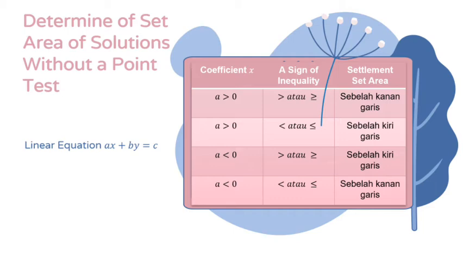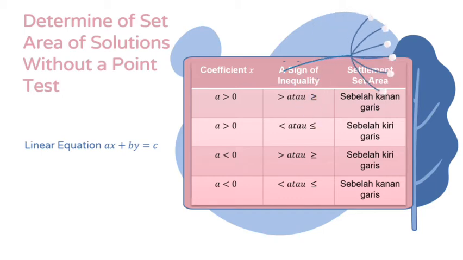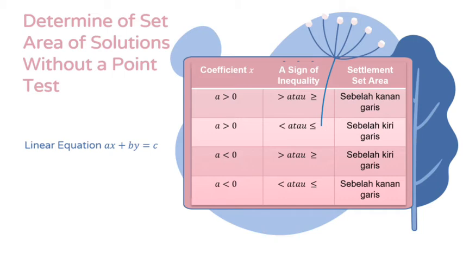Next, if a is positive and the sign is less than or less than or equal to, then the area is to the left of the line.